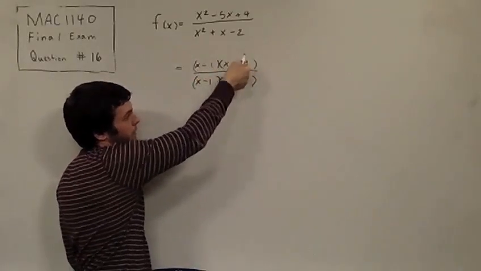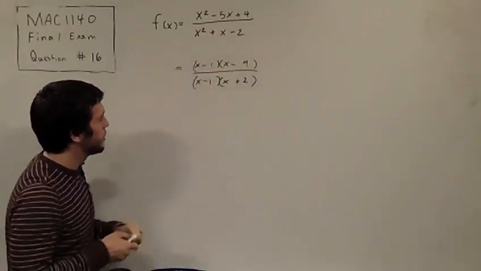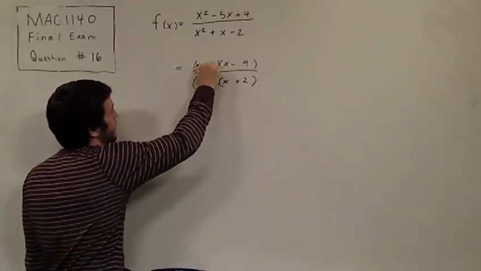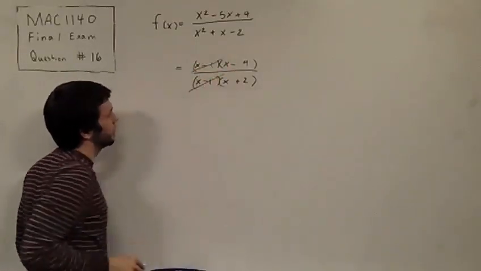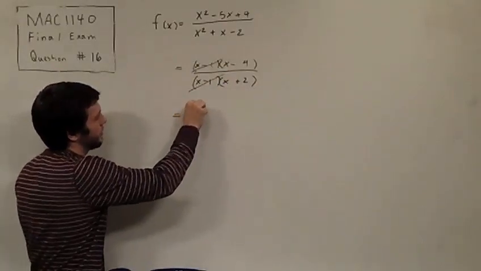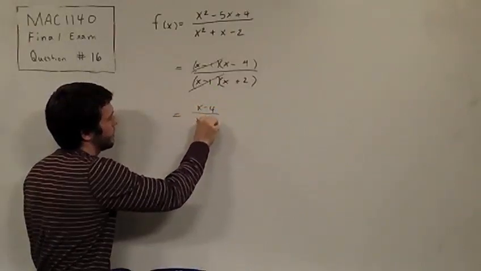Those multiply to give us negative 2, and they add up to 1, the coefficient of the x. Now in this factored form, we see that we can cross out the x minus 1. So this simplifies to x minus 4 over x plus 2.